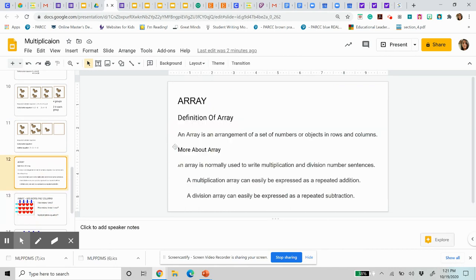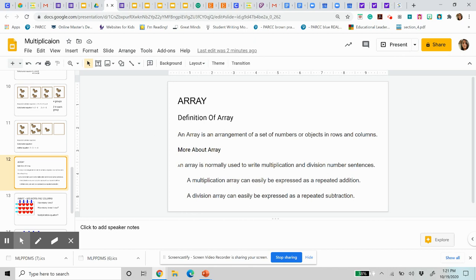I think I skipped this over here. The definition of an array is a set of objects in rows and columns. So one way you can do it is to put them into groups, like classrooms, bags, or bookshelves.